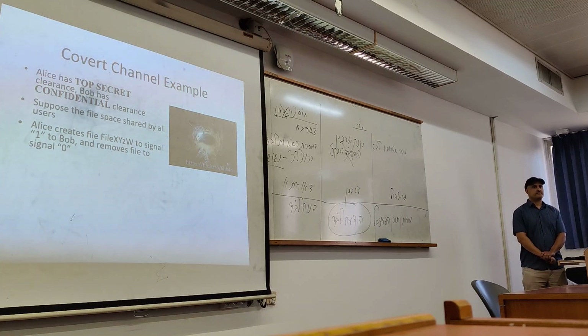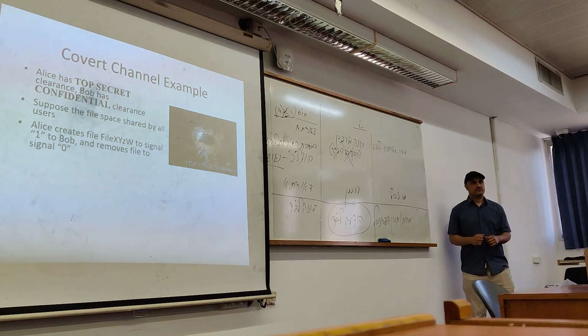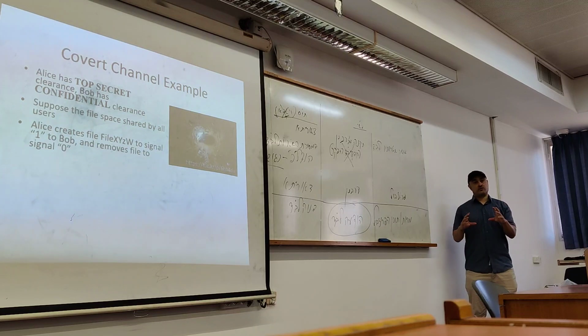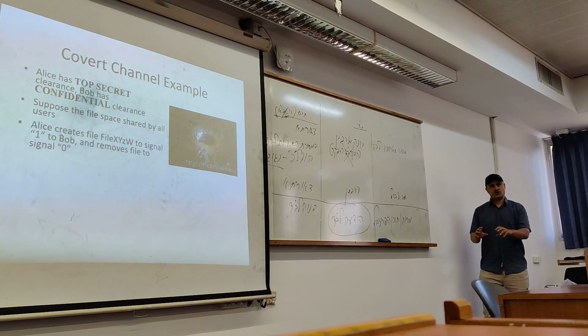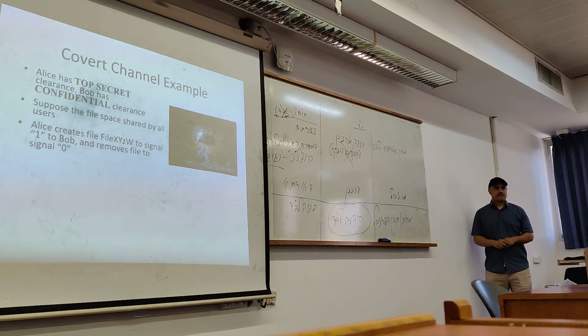You need two insiders, Alice and Bob. You need a file system where Alice could write to it and Bob could read it. Alice needs to be able to change the content of the folder. She doesn't even need to know what's inside of it.